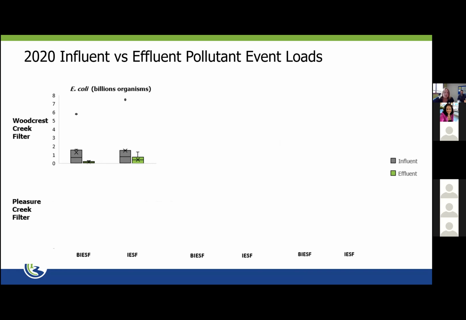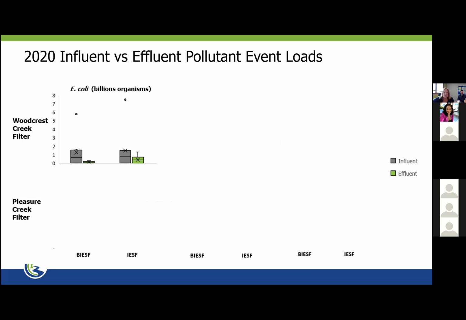So you can see that there's higher loads, and then it's significantly and consistently reduced on the biochar side. But there is one outlier. This single event had almost 6 billion organisms of E. coli. So that highly influenced that one-number summary that I showed you on the previous slide.